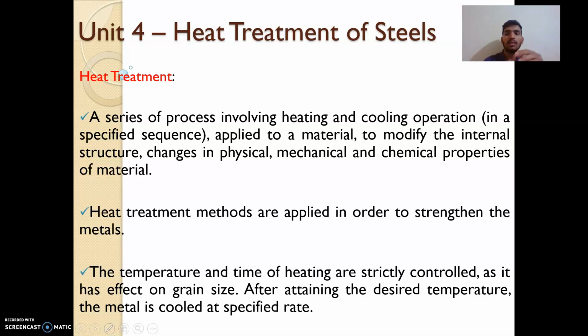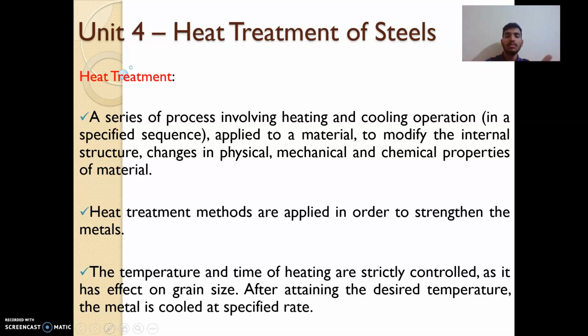Now, the heat treatment process. It is a heating and cooling operation done for a metal to improve its internal stresses, internal structure, and physical, mechanical, and chemical properties also.